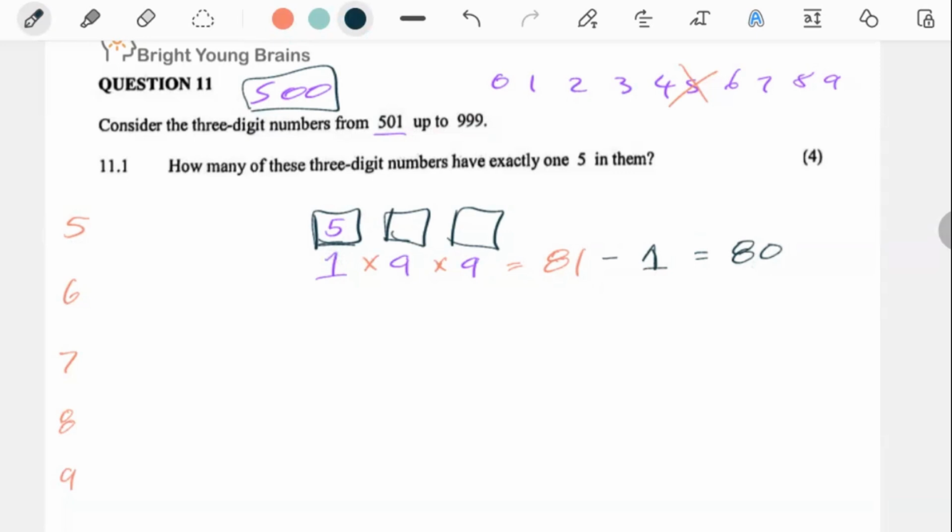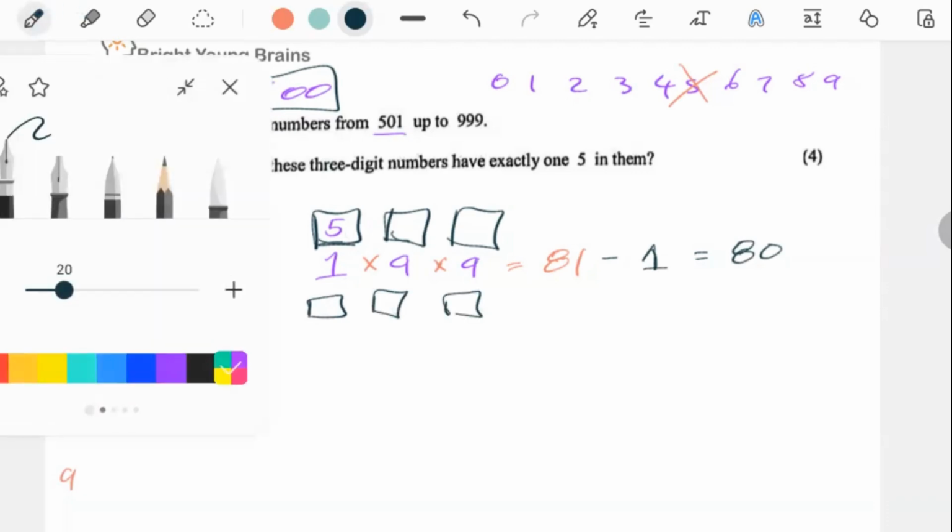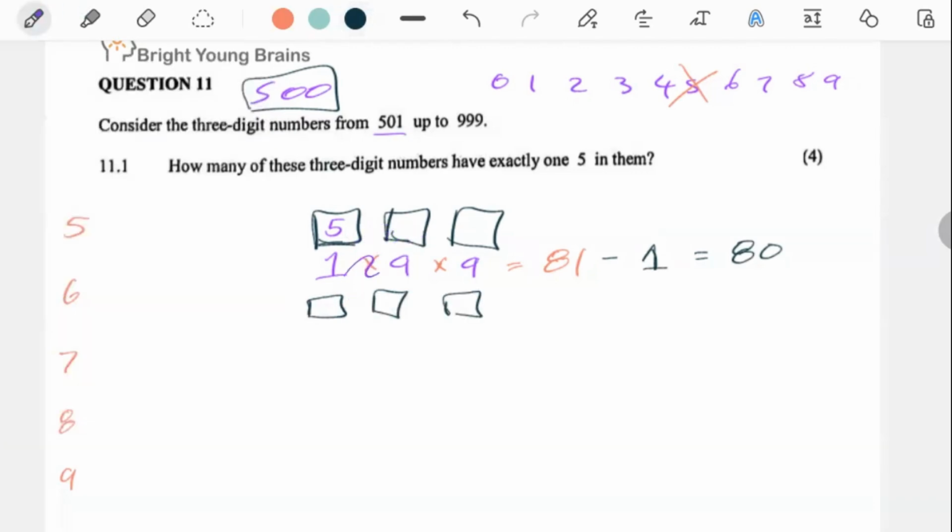Having done that, you move on to 6. Numbers that start with the 6. We have to consider this first scenario. If they start with the 6, it means that in this position, you only have one option. Now, the moment you put a 6 here, for numbers that have exactly one 5, you could think of a scenario where the 5 is over here. So there will be an option of having one 6 here, obviously, because we're talking about numbers that start with a 6.